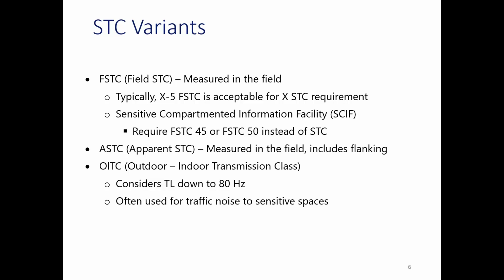The building code even says that in it. If you get 50 STC between multifamily housing, then your assembly should have a lab rating of 50 STC, and then if you have 45 in the field, it's okay. You meet the code minimum requirements.